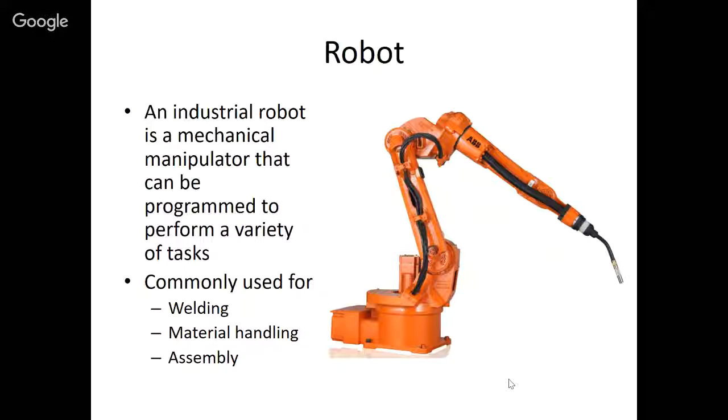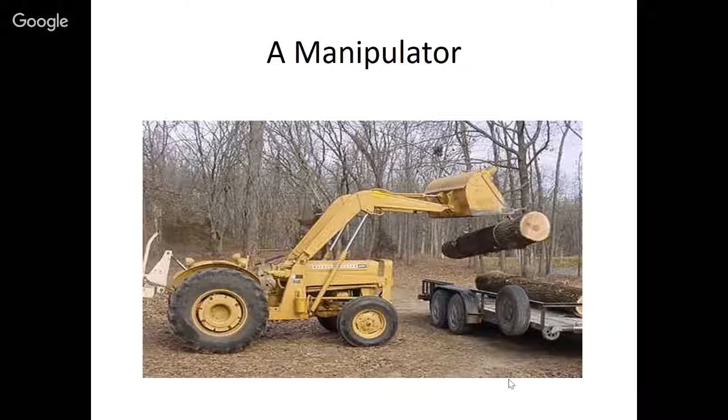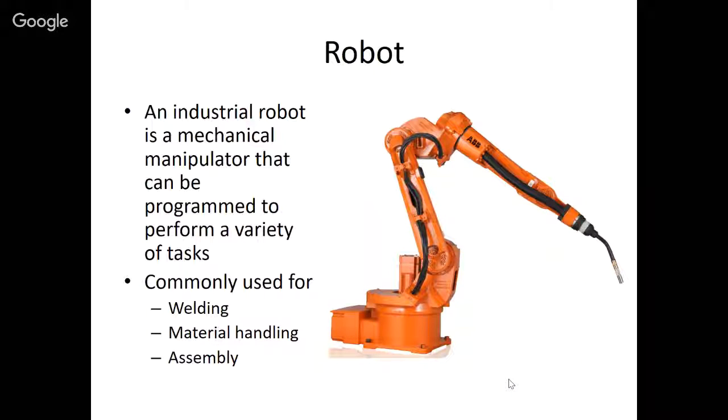An industrial robot is a mechanical manipulator that can be programmed to perform a variety of tasks. Commonly, robots are used for welding, material handling, assembly, etc. It's a mechanical manipulator, and this picture is also a mechanical manipulator. What is the difference between them?